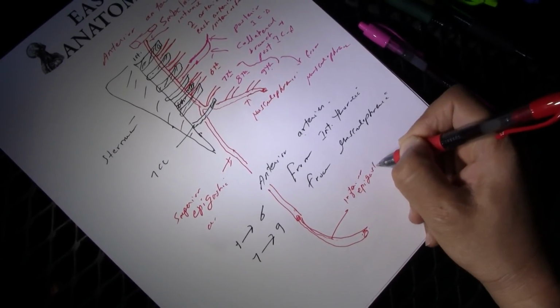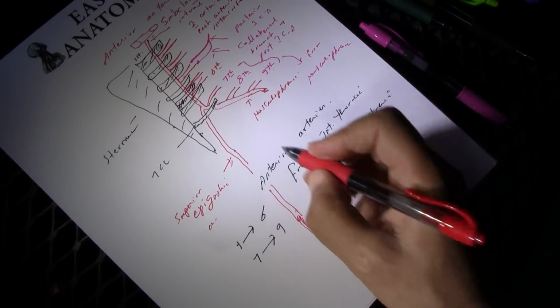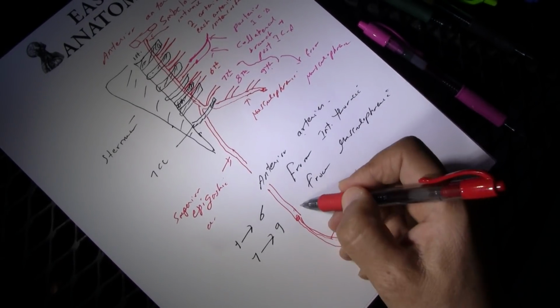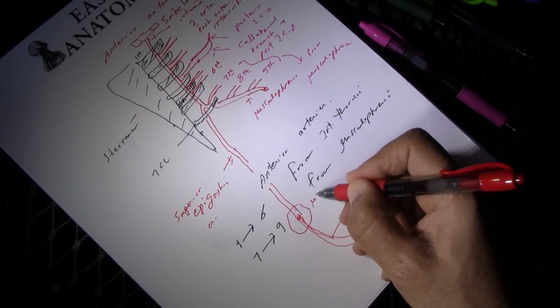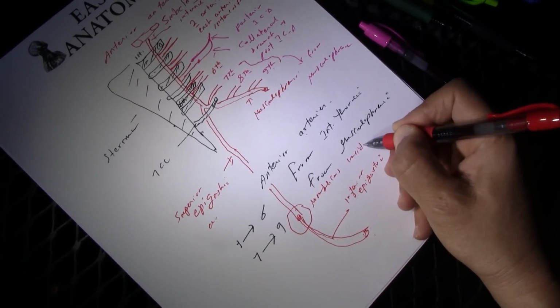So you have the superior epigastric and the inferior epigastric. They anastomose together at the level of the umbilicus inside the rectus sheath.